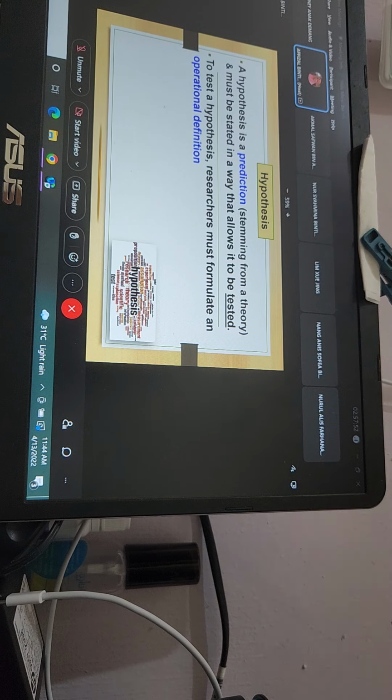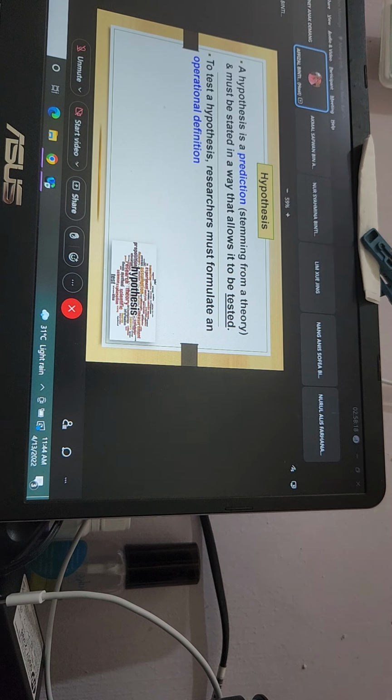To test a hypothesis, the researcher must formulate an operational definition, meaning that you need to define all the keywords in the hypothesis. For example, I want to test aggressiveness among delinquent juveniles. So my hypothesis sounds like: there is a significant relationship between physical aggression and sexual aggression.